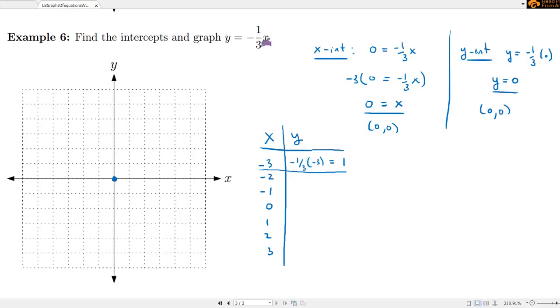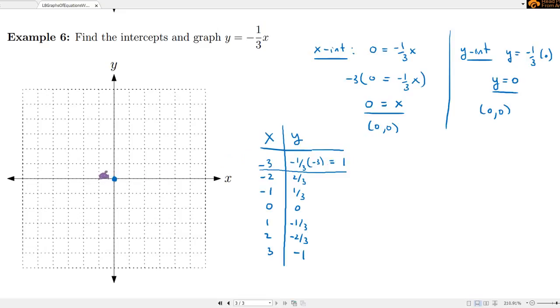So -2, plugging that in, you will get 2/3. Plugging in -1, we will get 1/3. Plugging in 0, we get 0. We already saw that. Plugging in 1, we will get -1/3, -2/3 for 2, and then plugging in 3, we're going to get -1. Okay, so let's plug in the nice values.